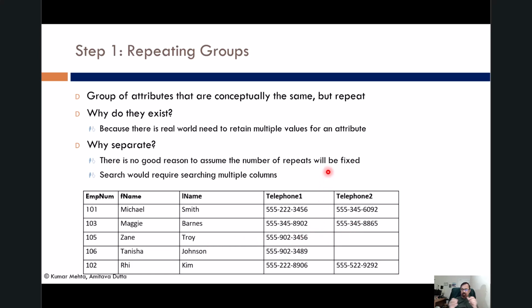Now here are some problems with repeating groups. I do not know offhand how many times the value might repeat. For instance, in the case of telephones, I suppose it would be highly unusual for somebody to have 5 telephone numbers, but I suppose they could. But think of if this attribute was a children's name.